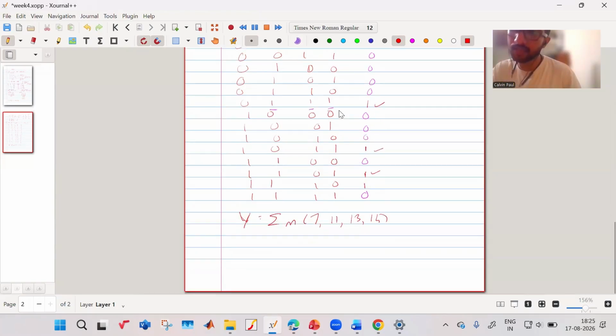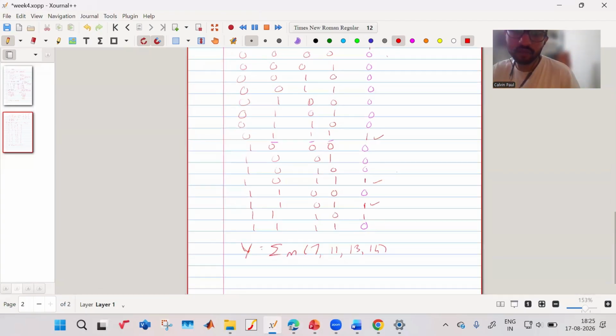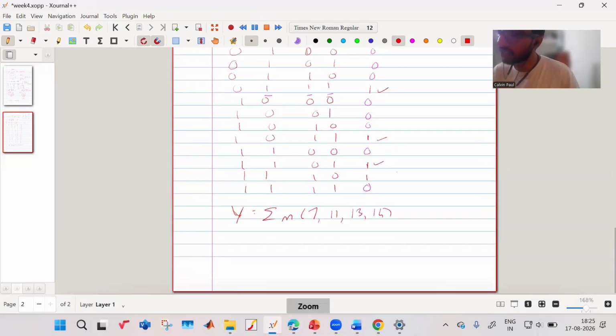So now let us try to generate that function. To generate the function, what is the best way? We can use the K-map. So let's try generating the K-map. Y is summation of m 7, 11, 13, and 14.